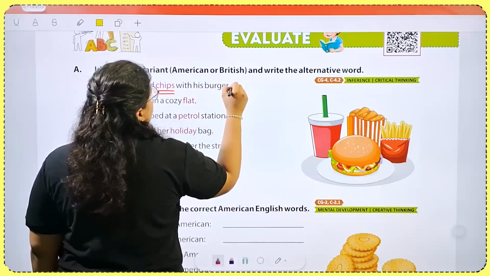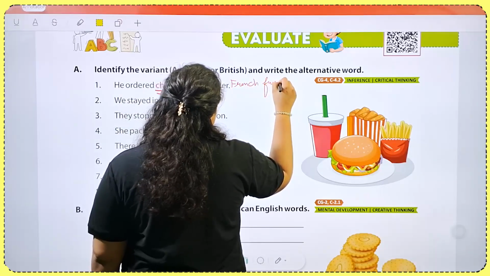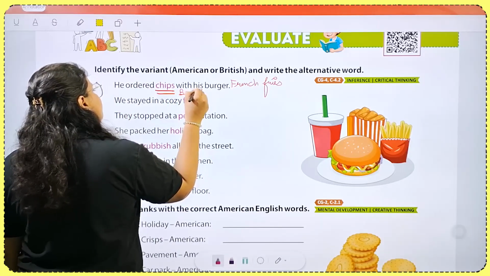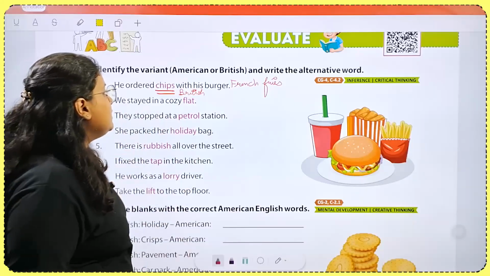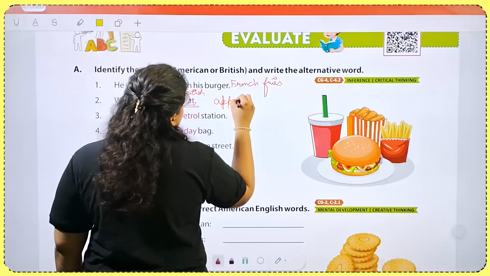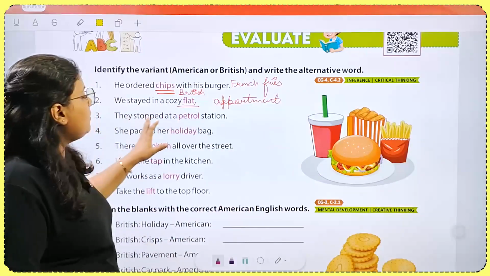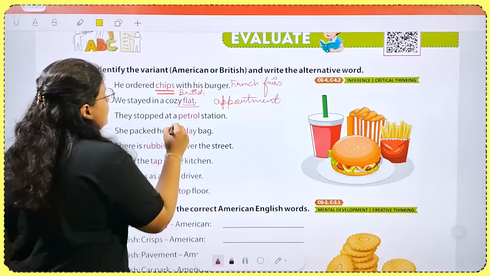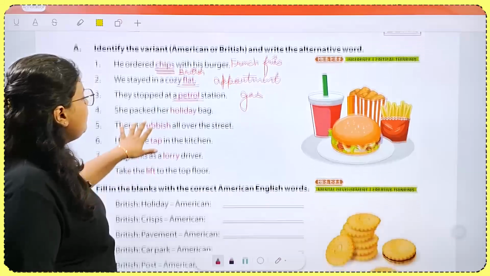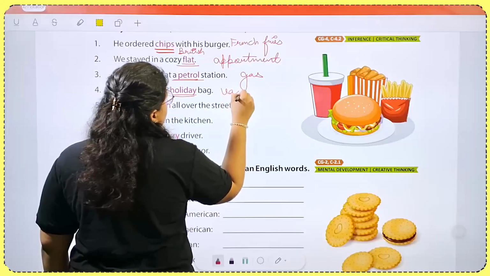We stayed in a cozy flat. What is the American word for flat? Apartment. They stopped at a petrol station. Instead of petrol, the word used is gas station. She packed her holiday bag. In place of holiday, the word vacation is used.